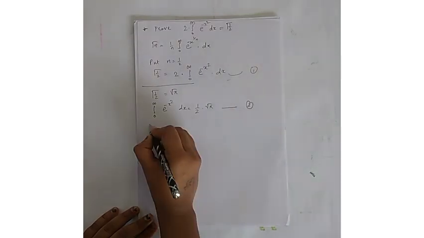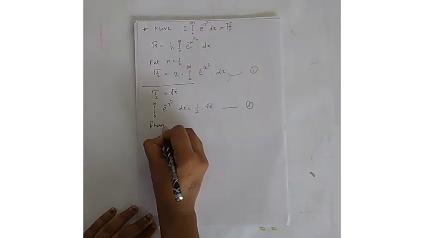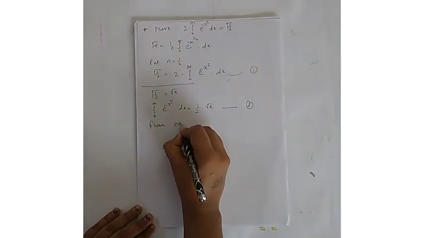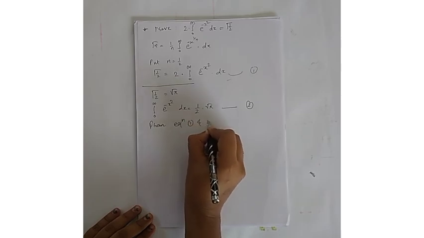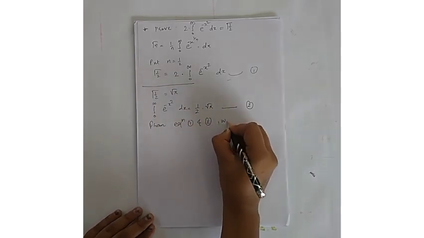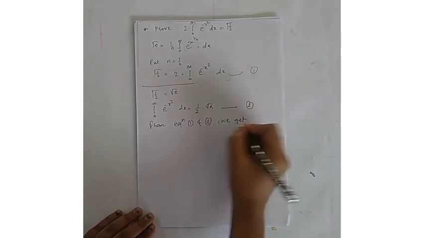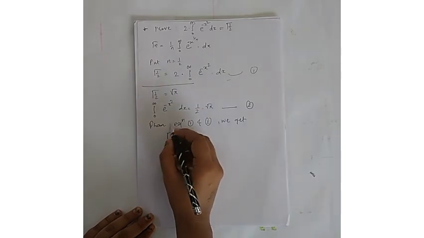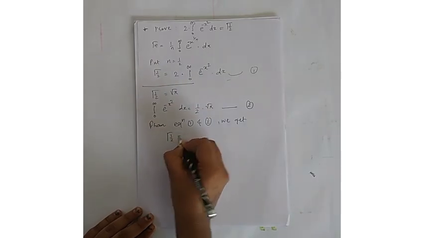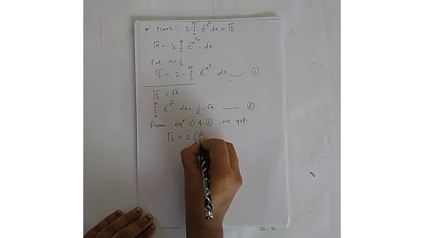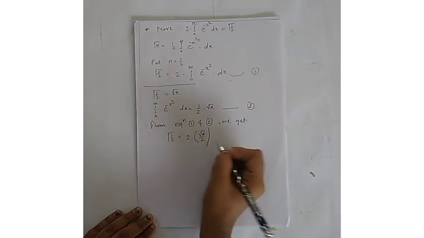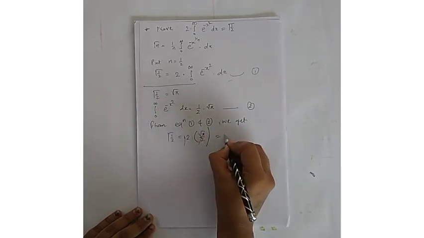So from equations 1 and 2, we get gamma 1 by 2 is equal to 2 into square root of pi into 2 upon 2, so the 2s get cancelled.